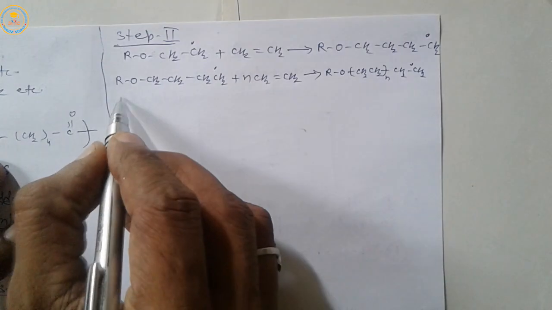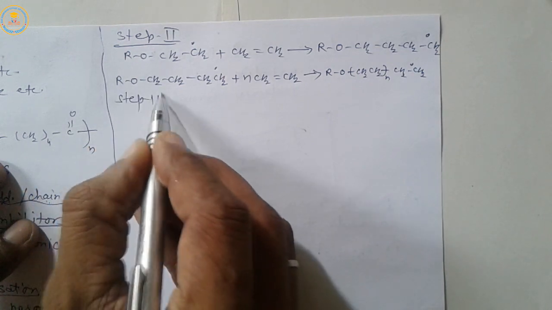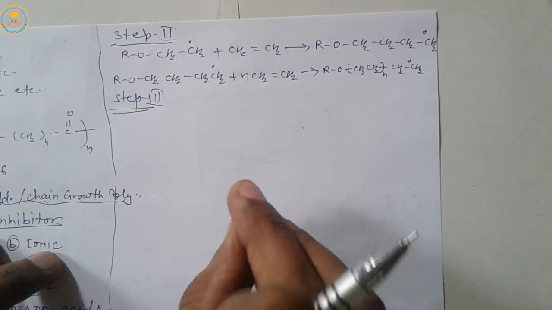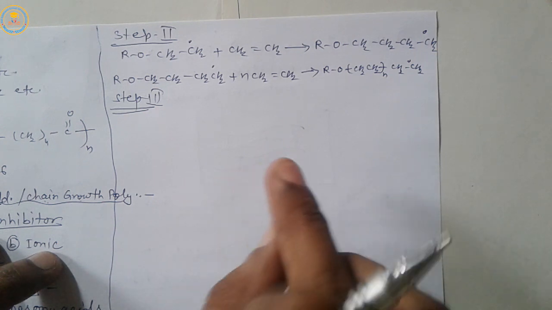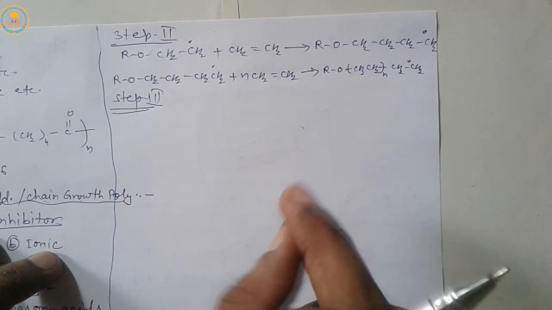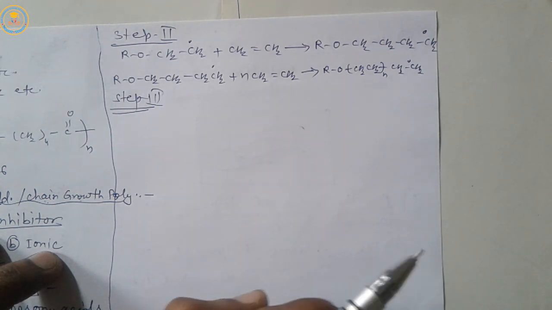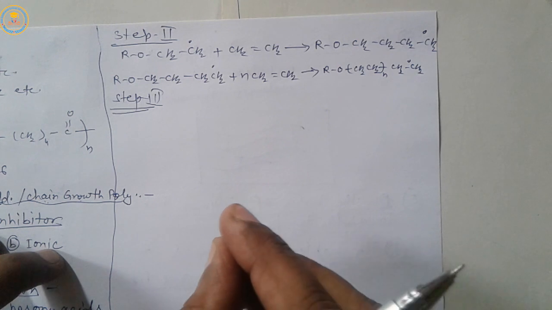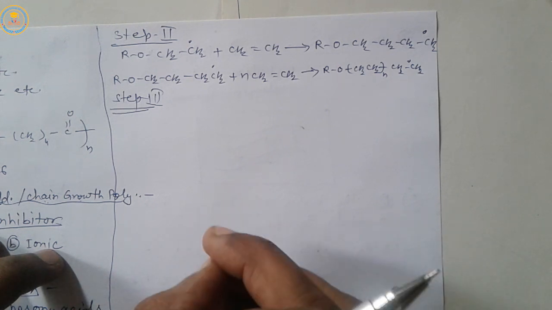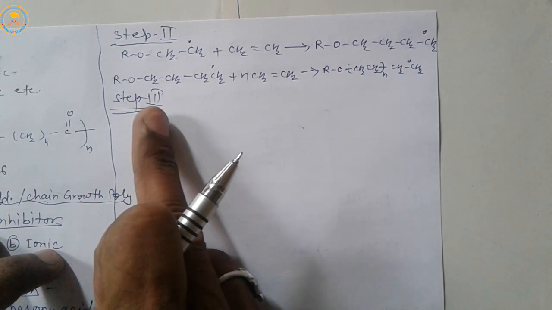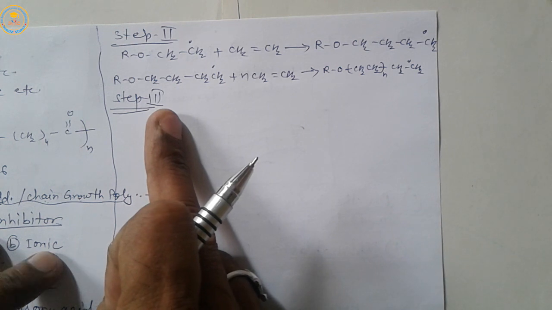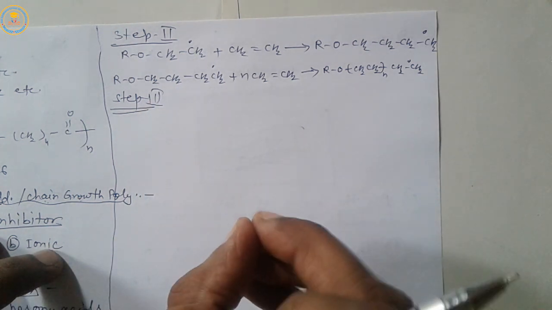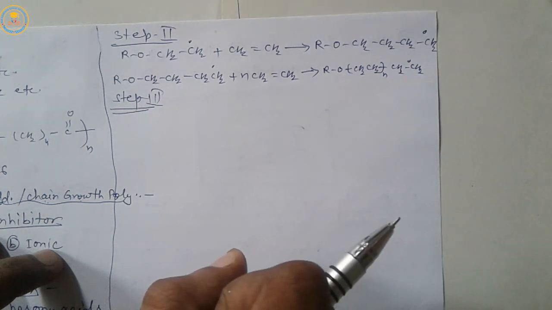Now the third step. When monomer molecules have combined to finish, the free radicals react together to form neutral molecules. With this step the reaction completes, so it is called the chain termination step. Sometimes chain termination is also done by external elements.